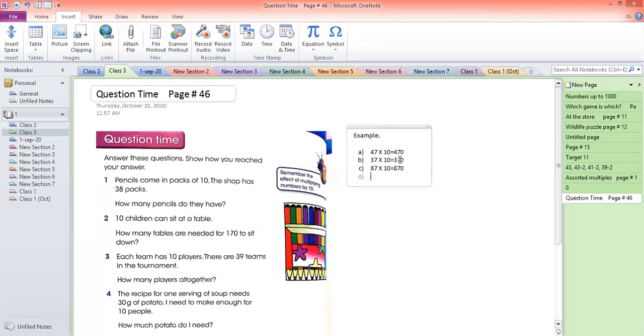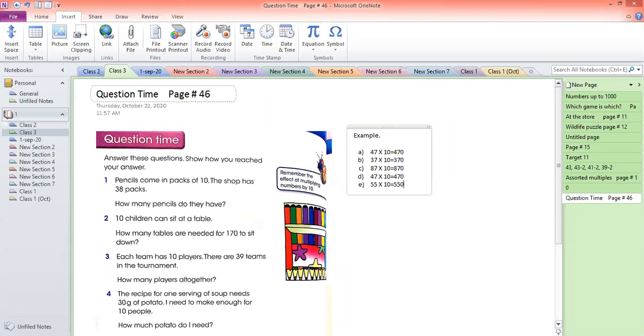Let's suppose I multiply 47 by 10. Because I'm multiplying 47, I will write 47 first, and as I'm multiplying by 10, I will add 0 on the right side. One more example, if I'm multiplying 55 by 10, I will write 55 and add 0 on the right side, like 550.